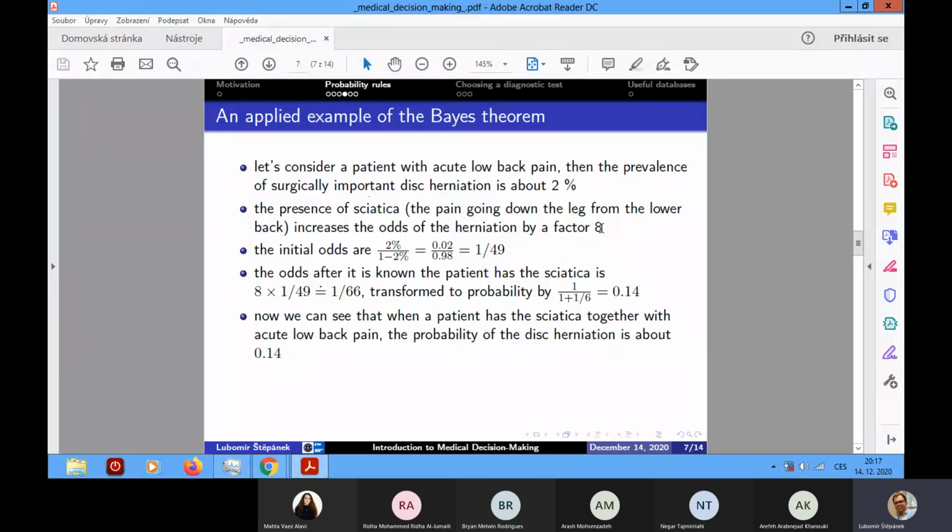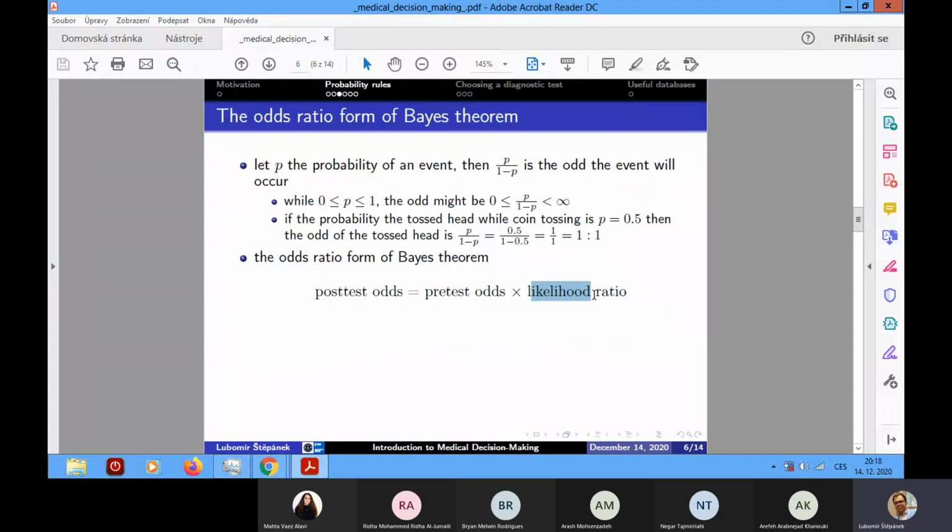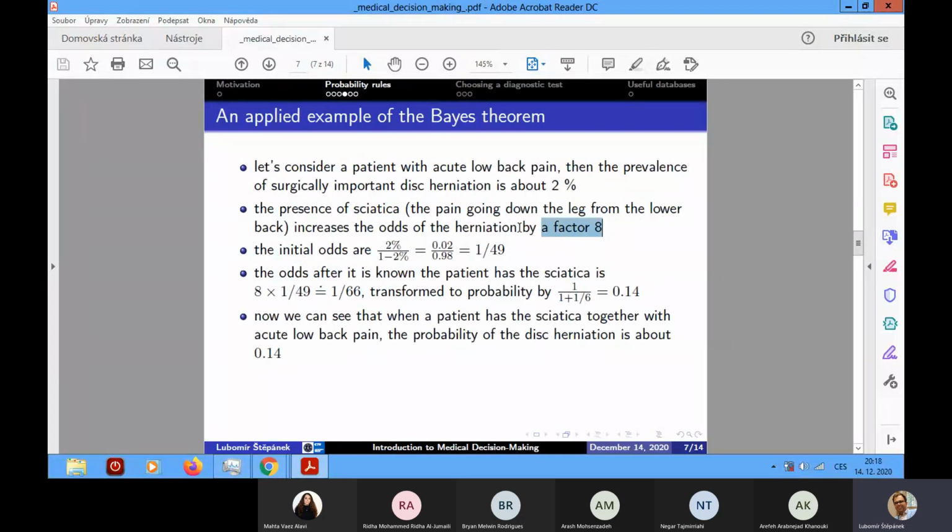And the factor is 8. So the likelihood ratio is equal to 8 in our case. Both these numbers, the prevalence and this factor, you can find in the literature. I found both numbers in one of the papers, and I can try to reference them after the lecture.